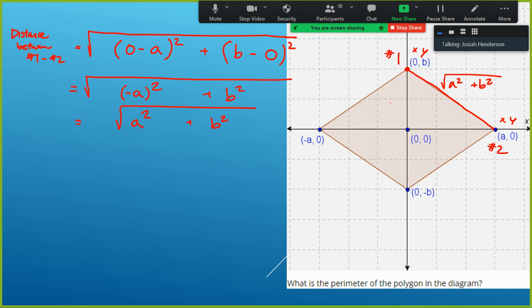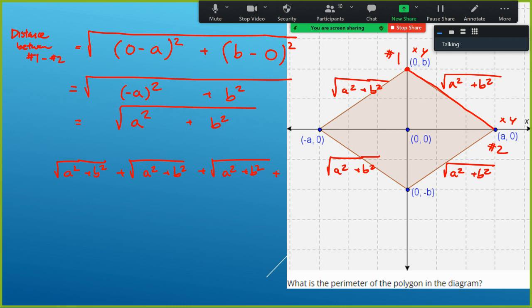So to find the perimeter, we now know the length of each one of these sides is square root of a squared plus b squared. So if we add up 4 of these special square roots, even though we don't know the a and b, if we add up all 4, I'm going to put it over here.